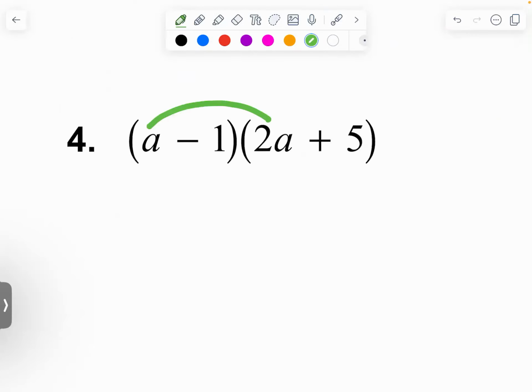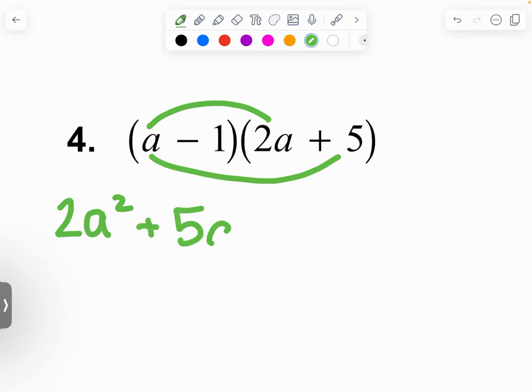Let's do our first product. What's A times 2A? 2A squared, people. A times 2A. Multiply the coefficients. A times A is A squared. Okay, what about our inside?